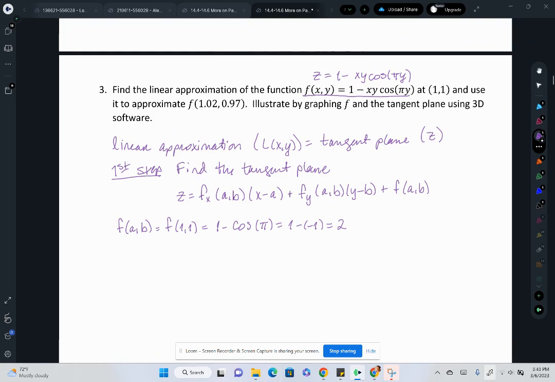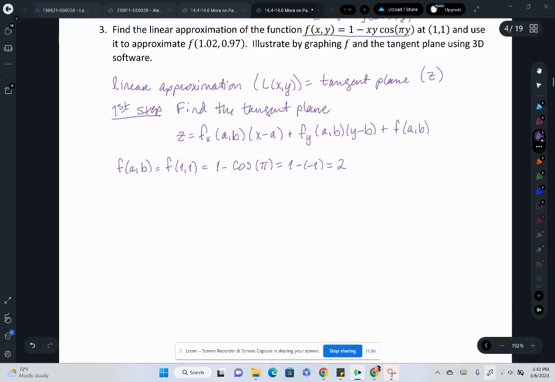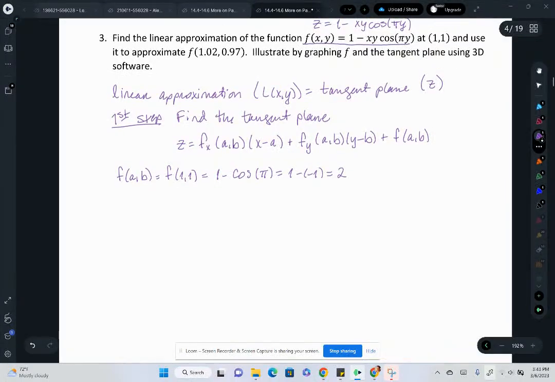All right. The next thing I can find are my partial derivatives. So I know my function up above is 1 minus xy cosine of pi y. So f sub x is going to equal del x of 1 minus xy cosine of pi y.